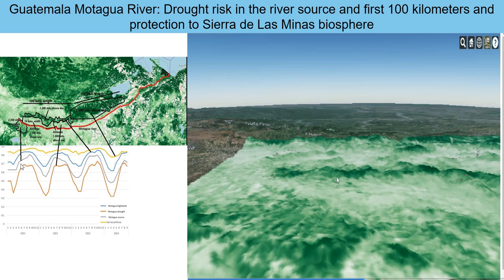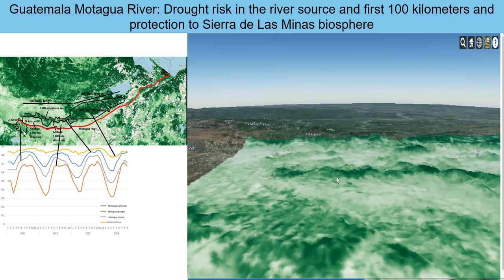But we can see that it drops even in 2024 below 0.5, which represents a high risk of drought for the river, because this is the source, and we have a high risk that the river simply dies because it will not find enough water to continue flowing.